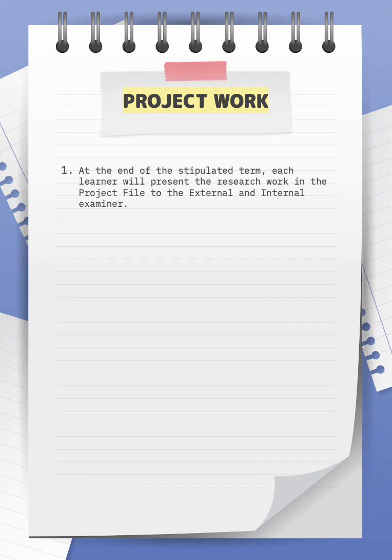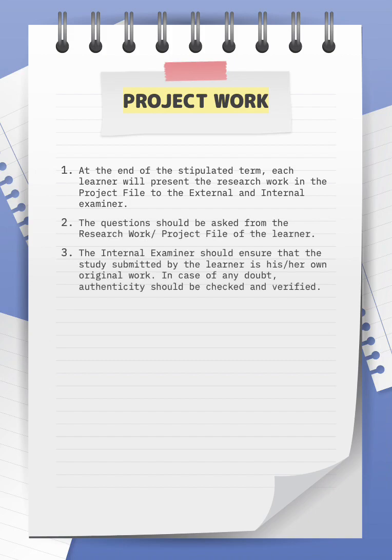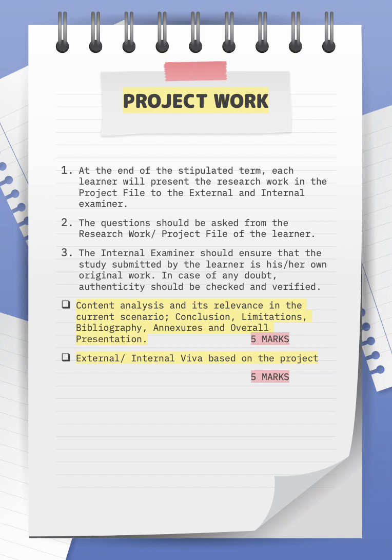Now let's also talk about the 10 marks project work. In this term you will have a viva, not just from an internal examiner, who used to be your teacher from the school, but also from an external examiner, the way it used to happen earlier. Your project file should be handmade, it should be original work, and this is the bifurcation of your 10 marks project: 5 marks for content analysis and its relevance in the current scenario, conclusion, limitations, bibliography, annexures, and overall presentation, and 5 marks for your internal or external viva based on the project.